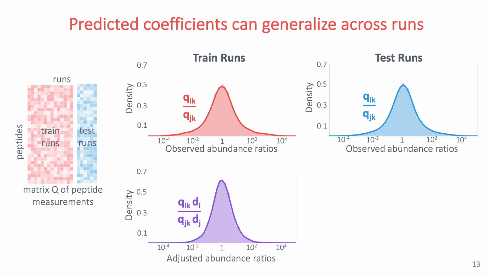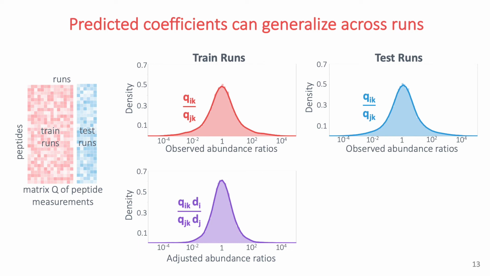But then, we adjusted the abundances in the train run by multiplying them with the predicted DI and DJ values. So, in other words, this time we created the distribution of adjusted abundance ratios.